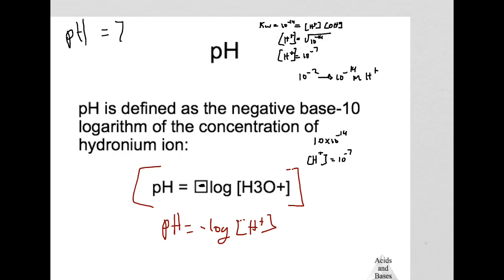This number tells us the log of the hydrogen ion concentration, and now, if I have a pH equal to 2, what is the hydrogen ion concentration? So folks, get your calculators out. If you have pH of 2, what's the hydrogen ion concentration?